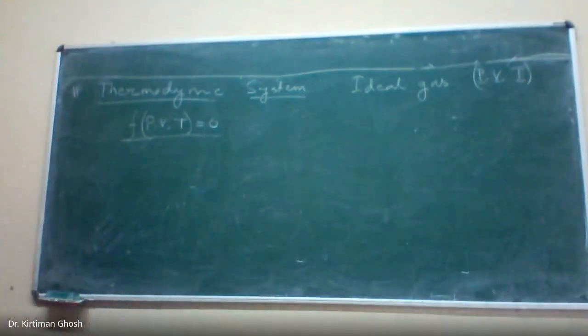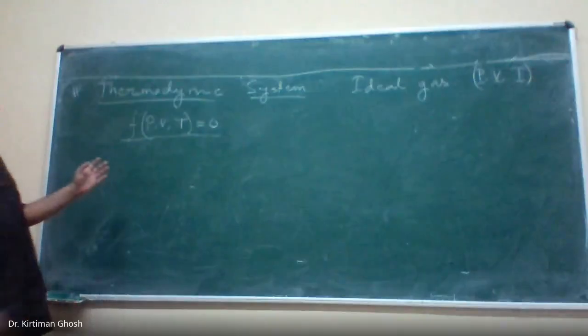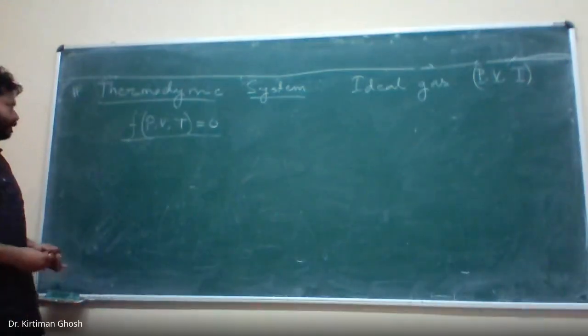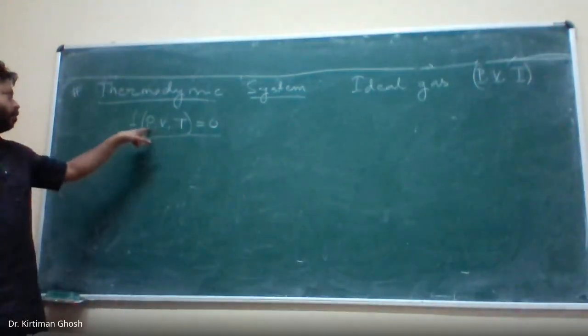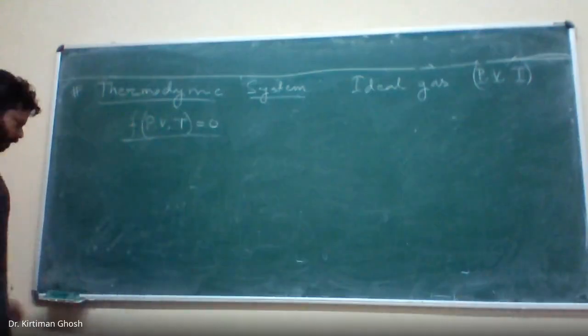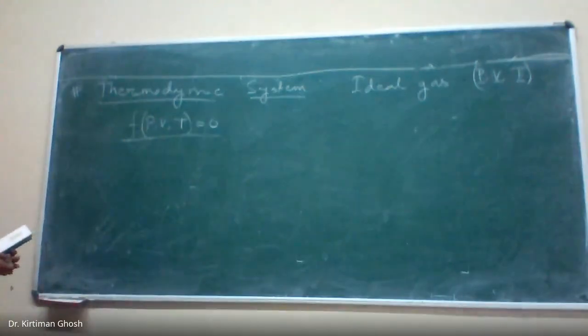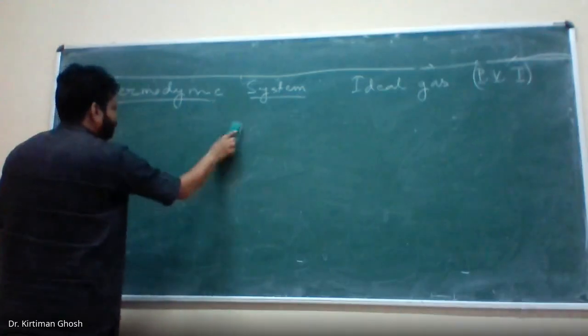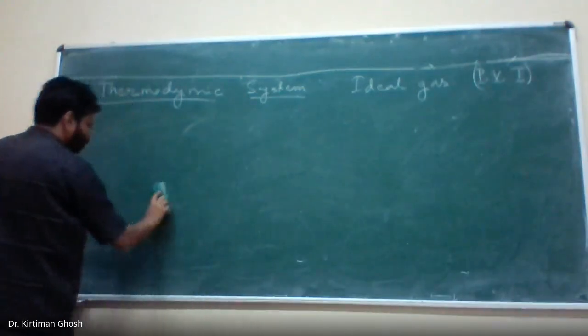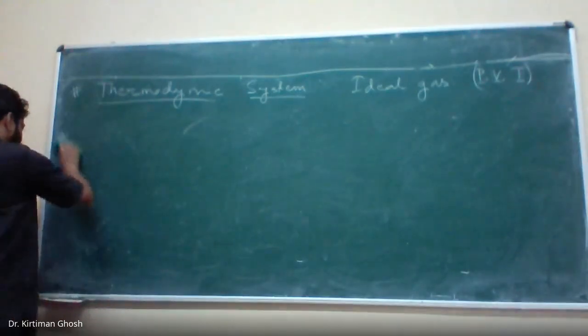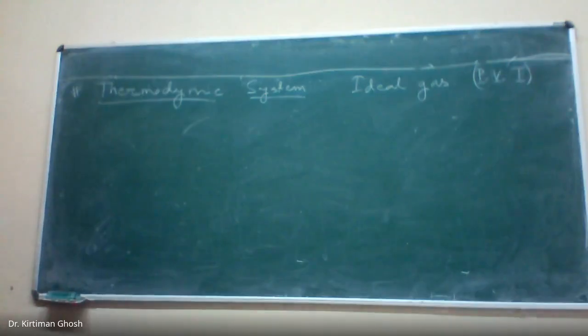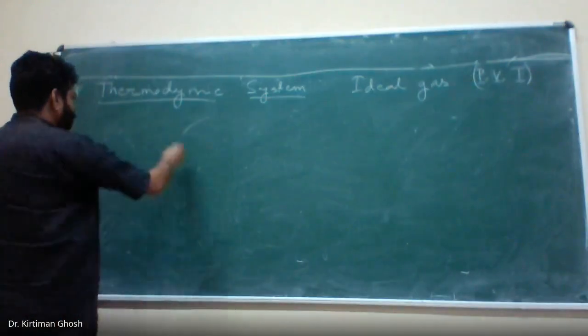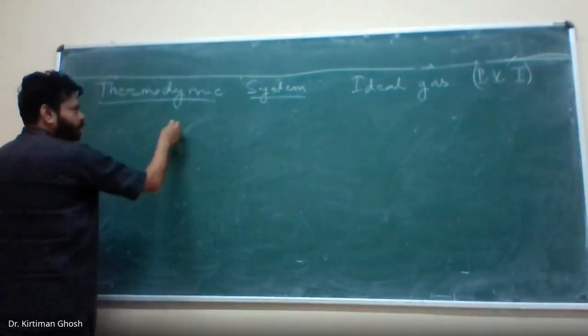I have not discussed equations of state yet, but we have already discussed that T can be written as a function of P and V. So the relation involving partial derivatives that we obtained in the last session is applicable for P, V, and T.